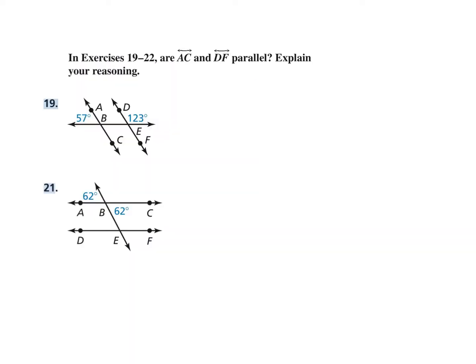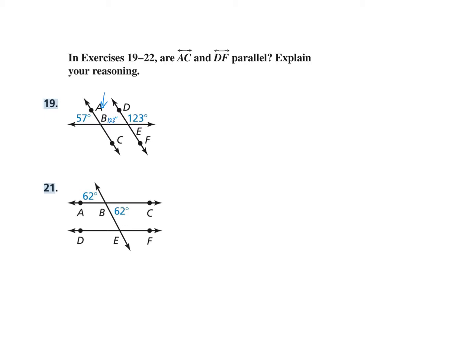Okay, 19 and 21. Are A, C and D, F parallel? Explain your reasoning. So now we have to see if we can figure this out. Let's go through and look at what we have here. Angle B in number 19 is 123 degrees. Do we know that? We don't know that.